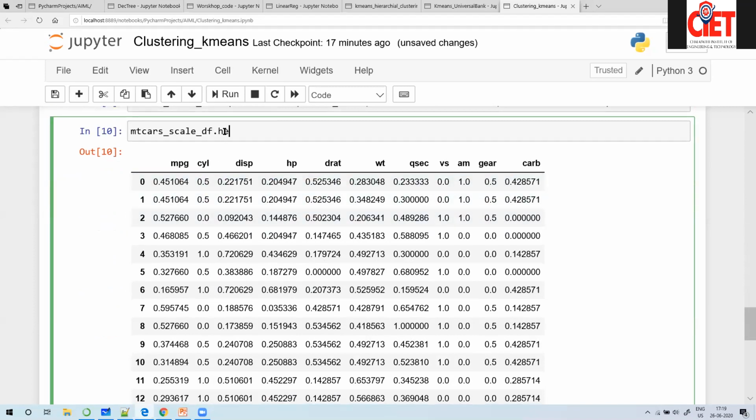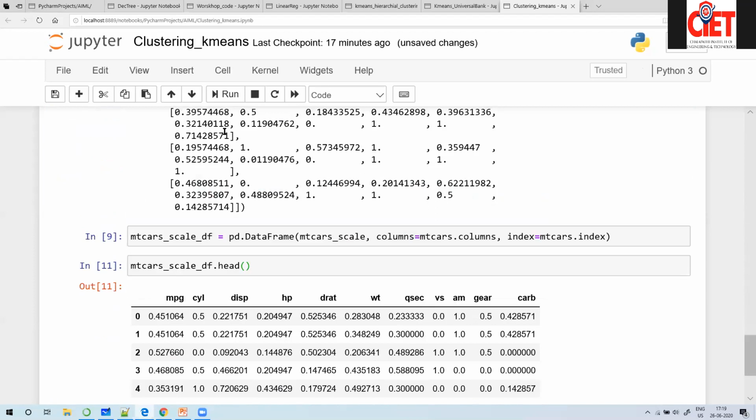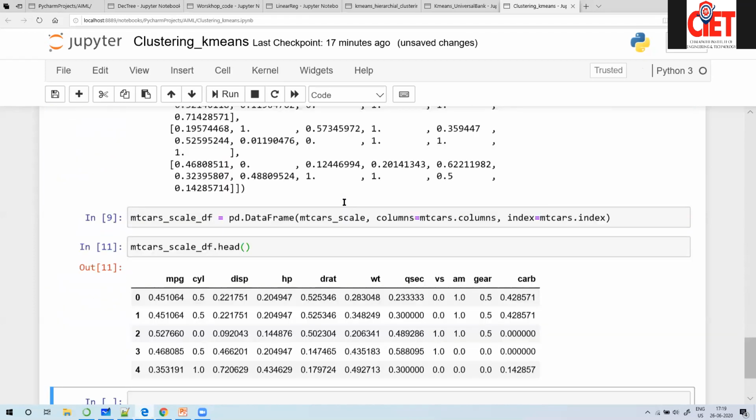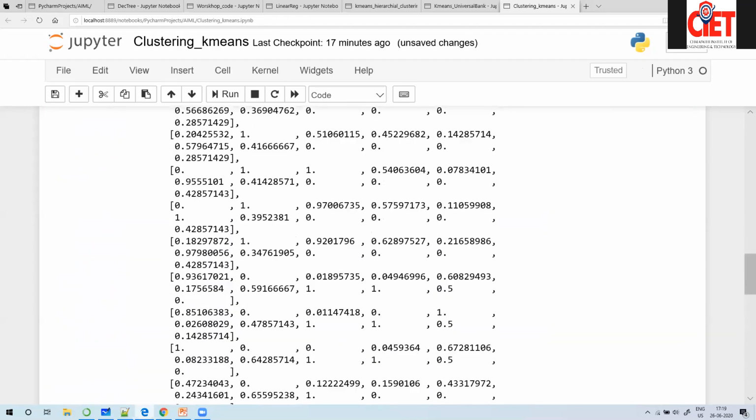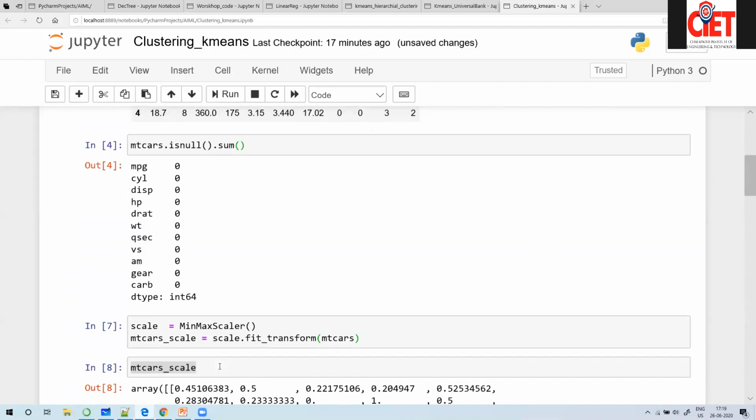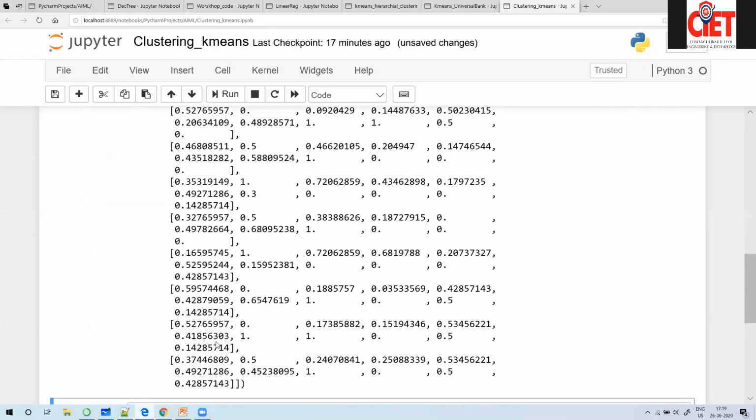Dot head, it's always good to print only a few observations. Okay, and this is also in the form of an array. So let's say we print 1 to 10 instead of printing all of them.